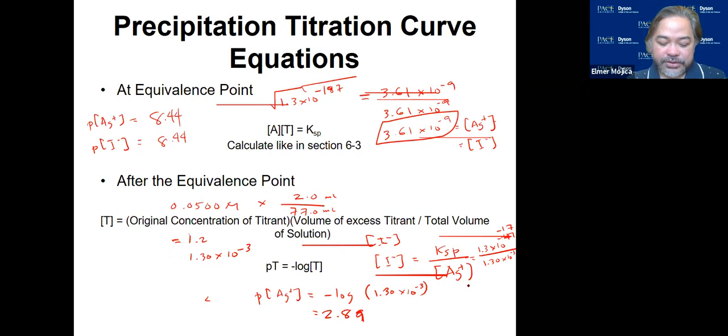So you have 1.3 exponent negative 17 divided by that one. So you have what? Around 1.0 times 10 to the negative 14. So pI minus is equal to the log of that, around 14.